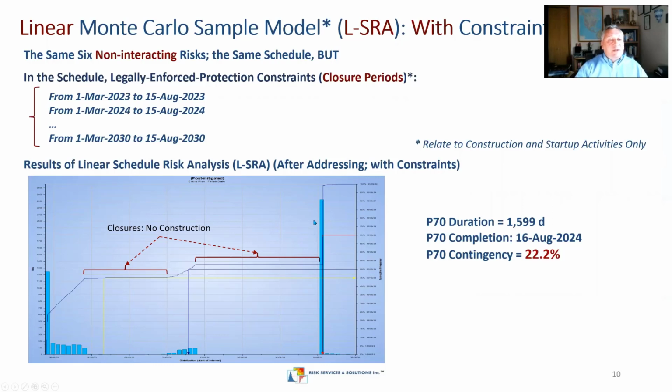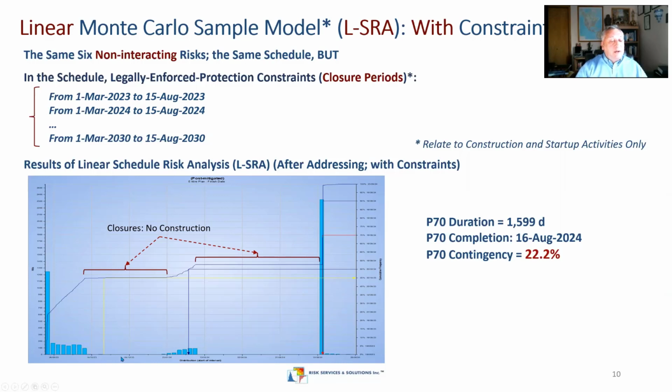Now, besides the same risks and the same schedule, let's add closure periods from March 1st to August 15th. Actually, this corresponds, as I remember, to crab closures in offshore projects in North America, in some places, of course. So if we add those constraints, we will get this result.